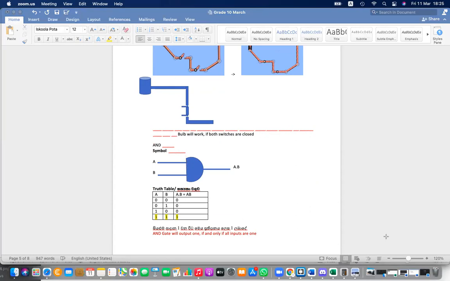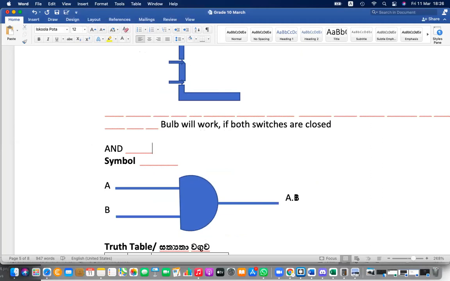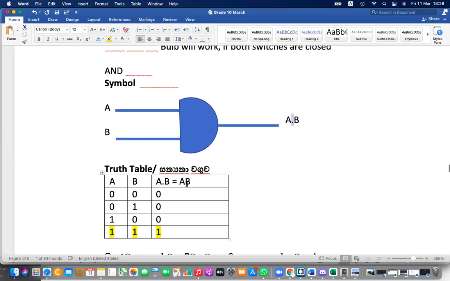Also, please note that there is a dot between A and B, A dot B. Remember that dot as well. So OR gate is A plus B, AND gate is A dot B. This dot can be omitted. The dot can be skipped.